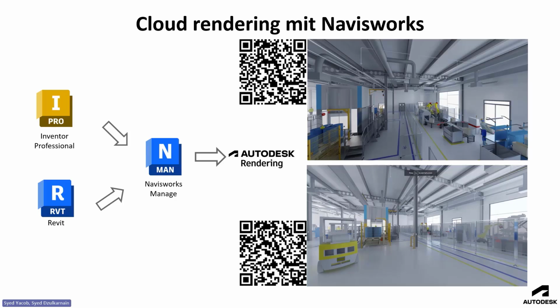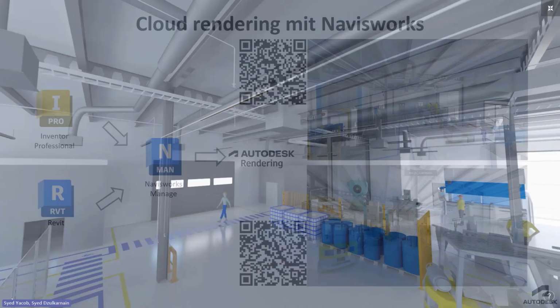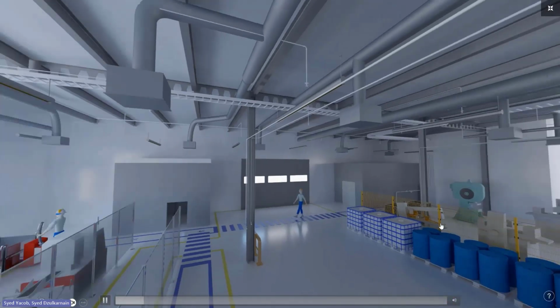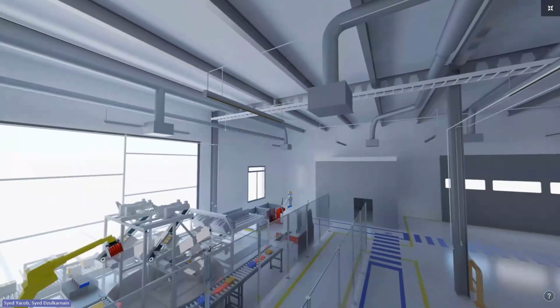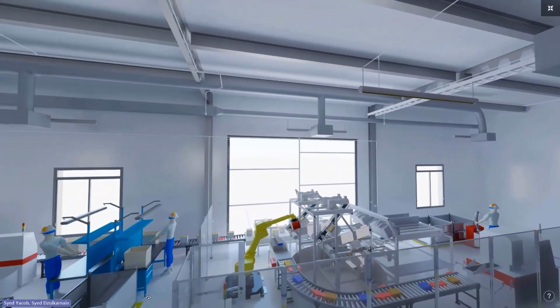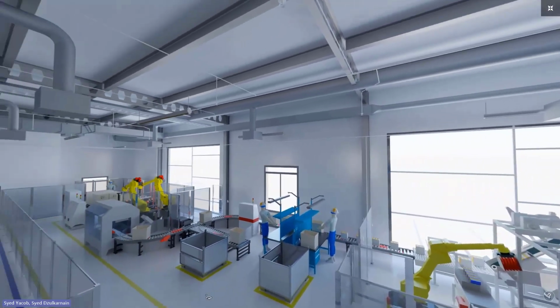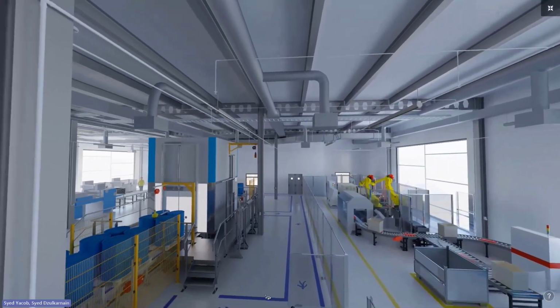Okay, so that you can do the clash detection, and you can do something like this, which is visualizations, to send or share to the related stakeholders or to your customer to show, oh, the equipment is looking like this in this factory or in this building. Okay, so the end product will look something like this. This is done through Navisworks Manage and also the Autodesk rendering from within Navisworks Manage.